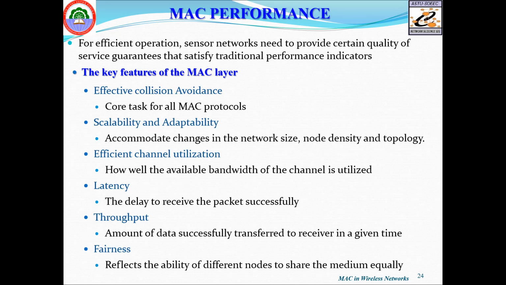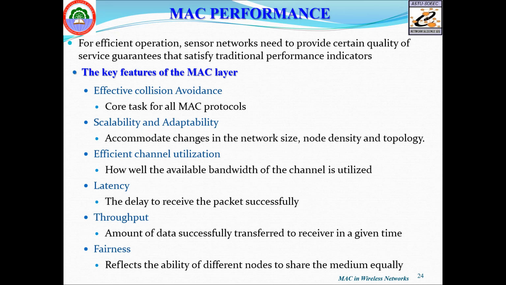Latency, throughput and fairness are also issues applicable to MAC protocols designed for ad hoc networks or wireless sensor networks. These are the different factors that have to be taken into account while designing a MAC protocol for sensor networks.